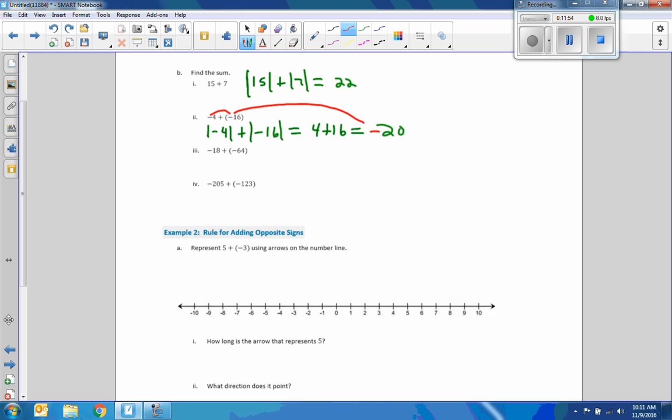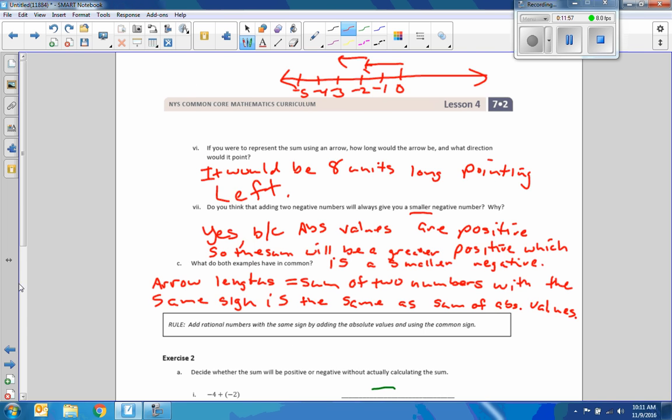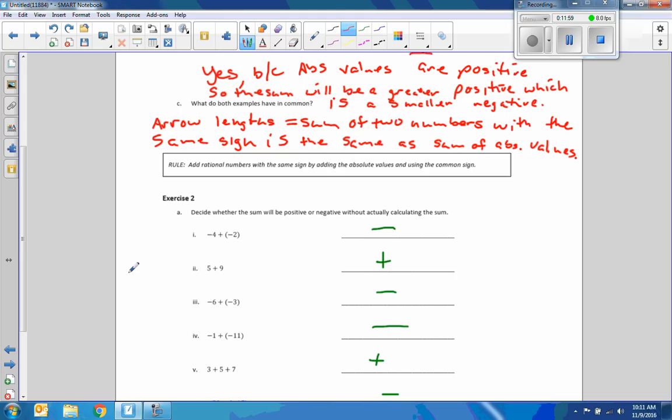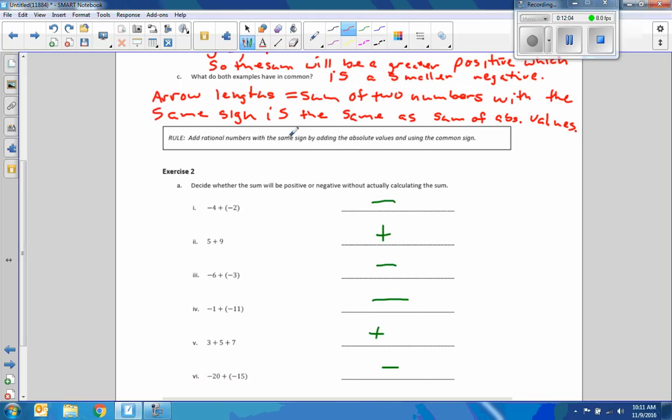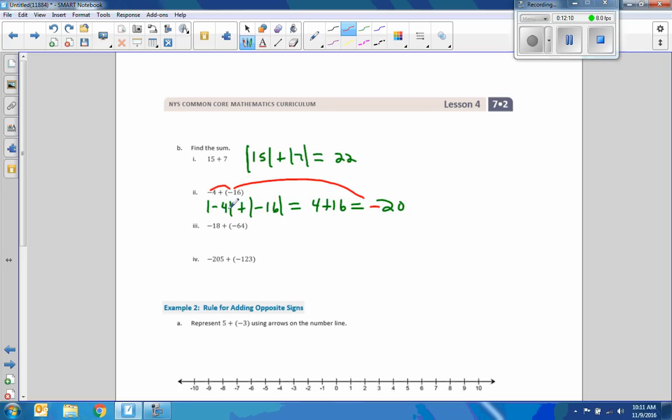And that's what this says back here. So go back. Add rational numbers with the same sign by adding their absolute values and using the common sign. And that's what I was showing here. I added their absolute values and shared the common sign.